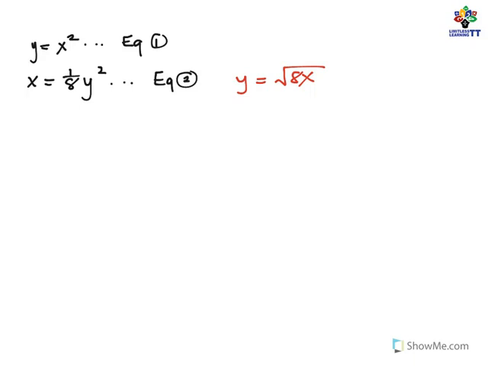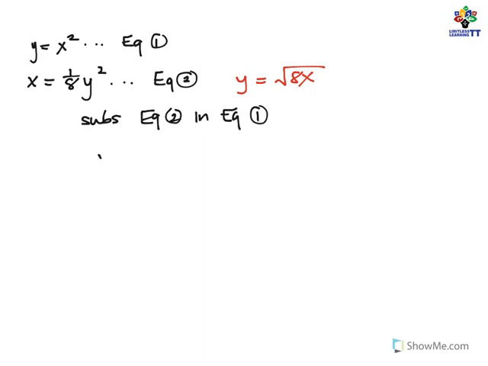I will want to substitute x into my equation 1. So I'm substituting equation 2 into equation 1. So basically everywhere I see x in equation 1, I'm going to replace it with 1/8 y squared.